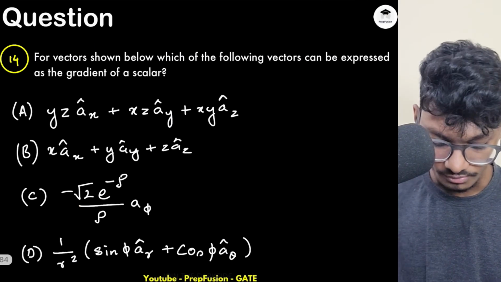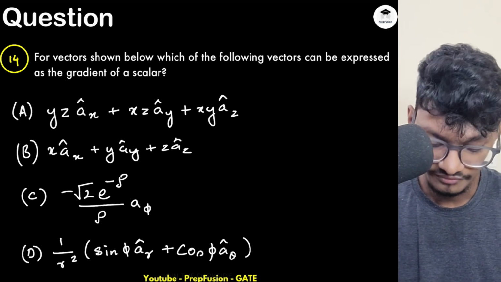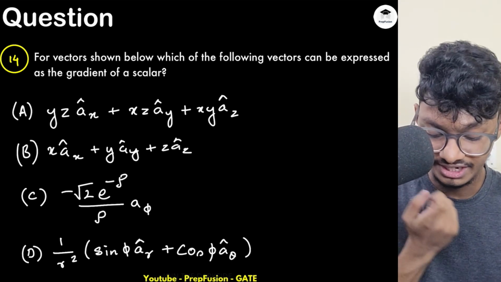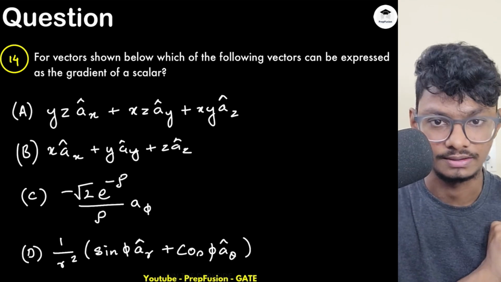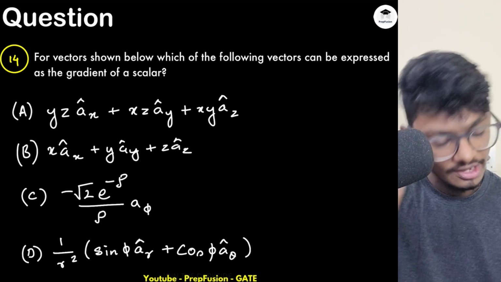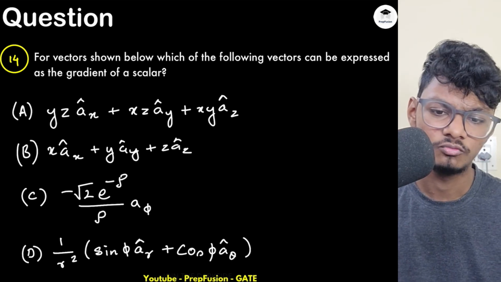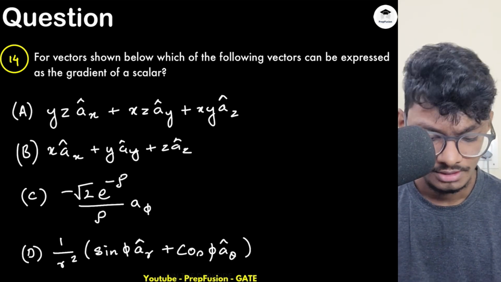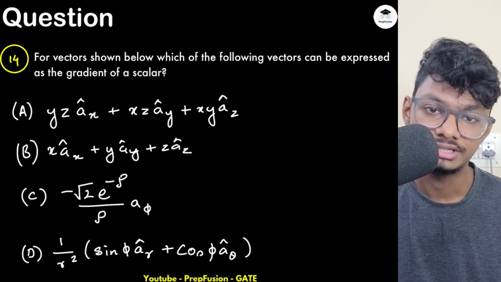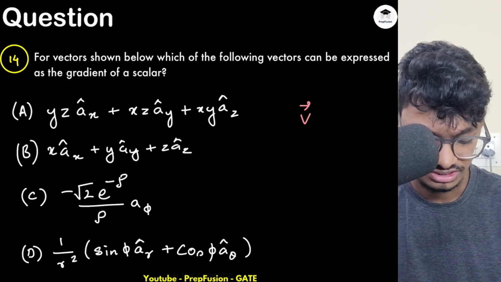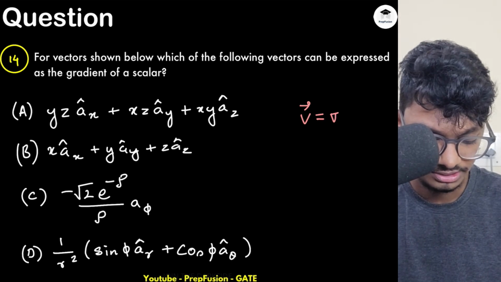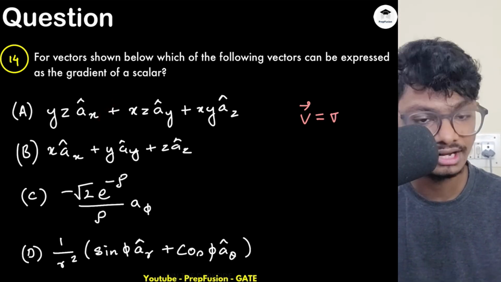Now, for the vectors shown below, which of the following vectors can be expressed as a gradient of a scalar? If you remember, what is the gradient of a scalar? I have to represent these vectors as a gradient of a scalar.